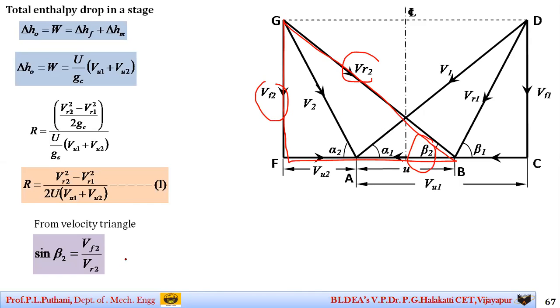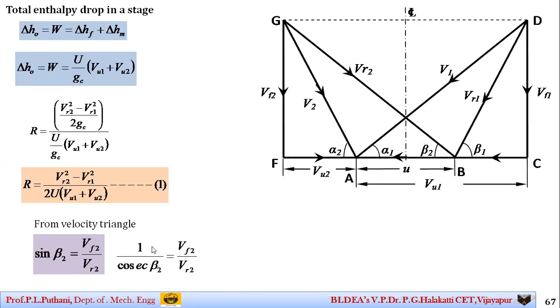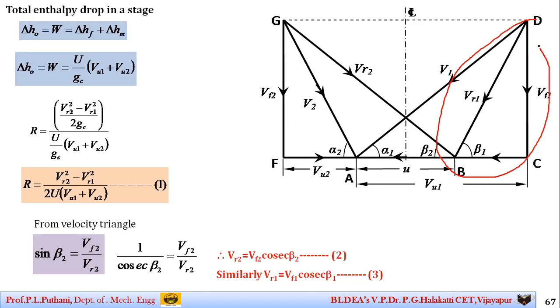I can relate this also as 1 by cosec beta 2 equal to Vf2 by Vr2, or it becomes Vr2 is equal to Vf2 cosec beta 2. This is for the outer velocity triangle. Similarly, with respect to the inner velocity triangle, that is DBC making an angle of beta 1, the same correlation I can write as Vr1 is equal to Vf1 cosec beta 1. We name these equations 2 and 3.